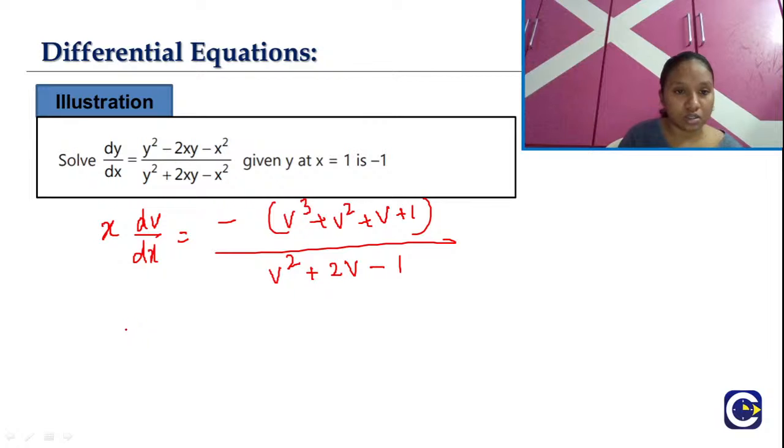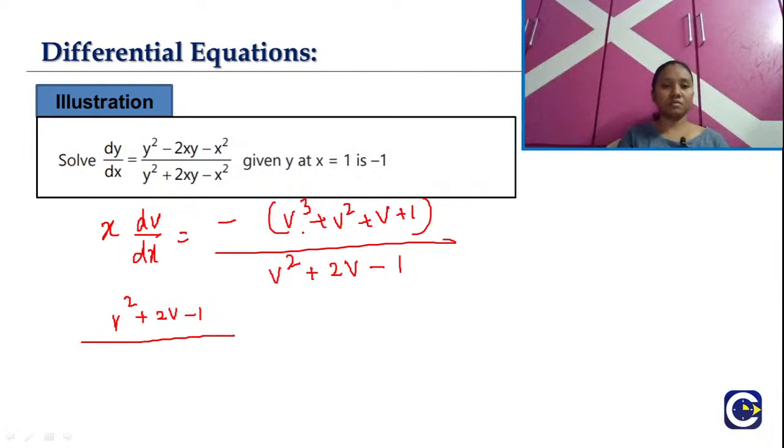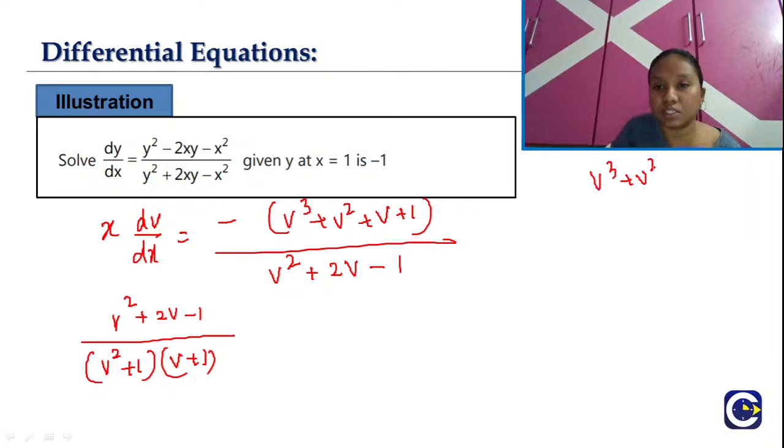So it will be v square plus 2v minus 1 divided by v cube plus v square plus v plus 1. If I take v square common, it will be 1 plus v here, and then 1 plus v will already be there, so it will be v square plus 1 and v plus 1. So here the expression is v cube plus v square plus v plus 1, and let me take v square common.